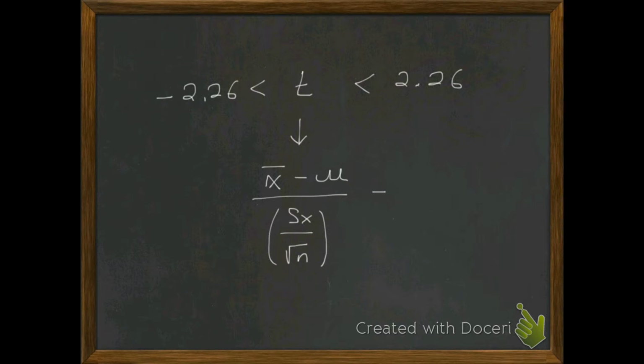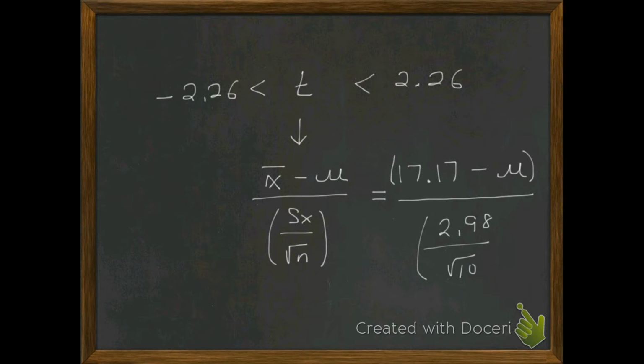So we know that our x bar is 17.7, right? No, 17. Minus mu over 2.98 over the square root of 10.